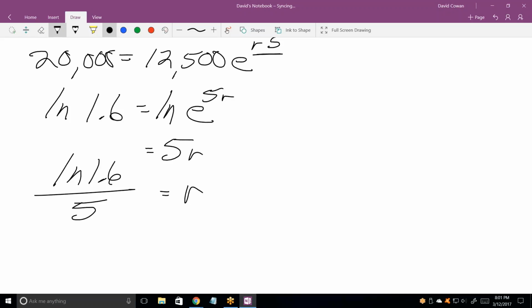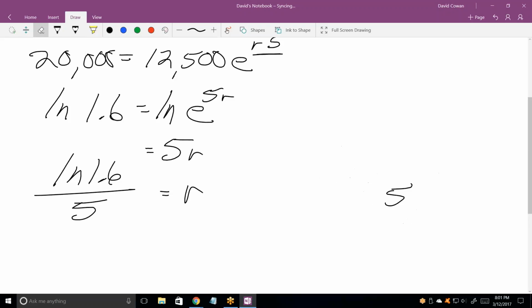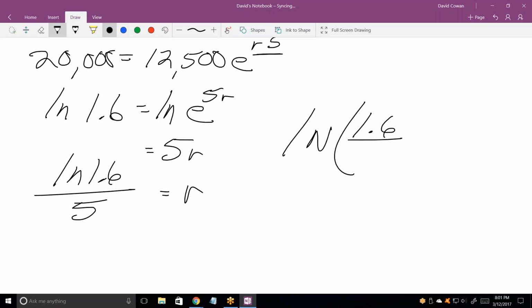And make sure that you don't say the natural log of 1.6 divided by 5 as though the 5 were inside the log. That's not the same thing. Be very careful about your fraction bars and parentheses when you're dealing with logs. If I were to write it accidentally like this, notice that that's the natural log of 1.6 minus the natural log of 5.